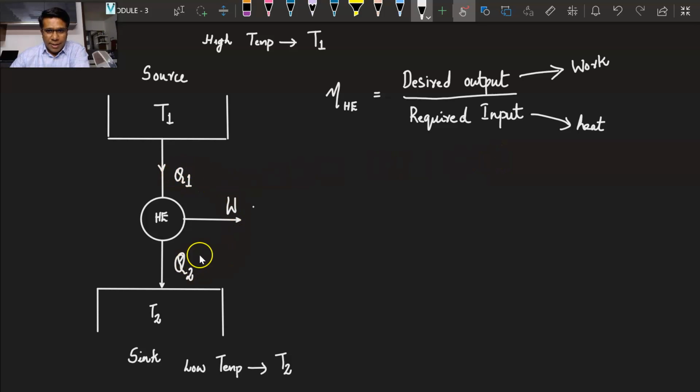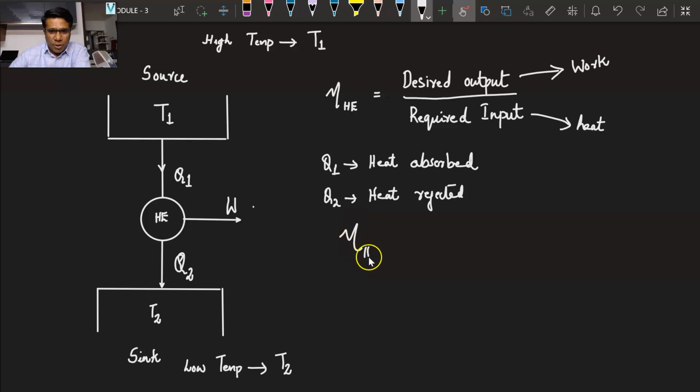Therefore, I have represented Q1 as the heat which is absorbed, and Q2 is the heat that is rejected.